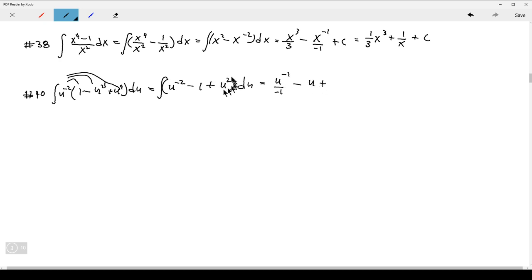The antiderivative of u squared: I add 1 to the exponent, and I divide. The only thing left is to clean this up a little bit. This becomes negative, and that becomes 1 over u. So negative 1 over u minus u plus 1/3 u to the 3rd plus c.